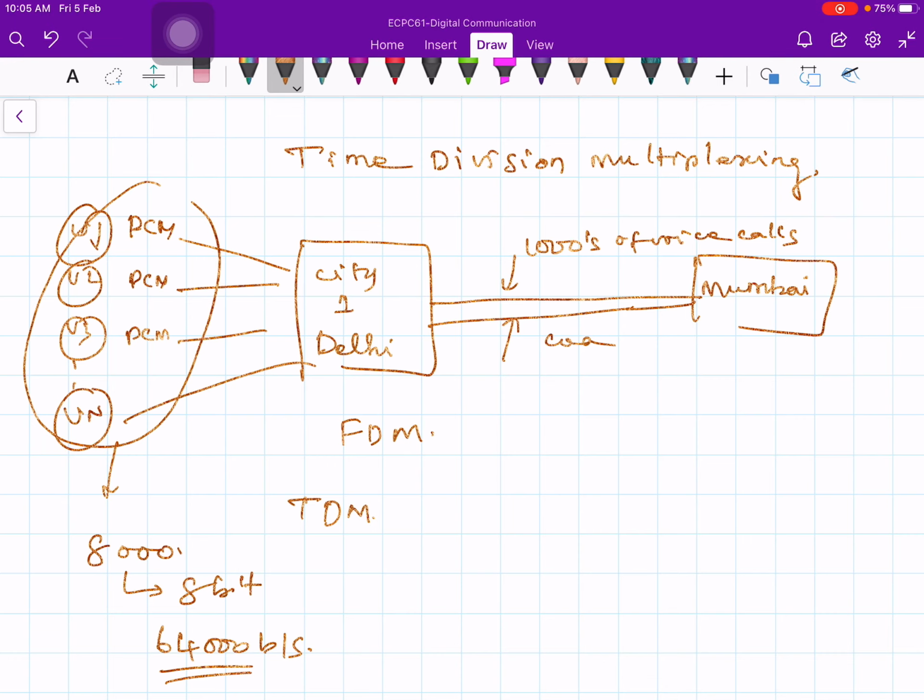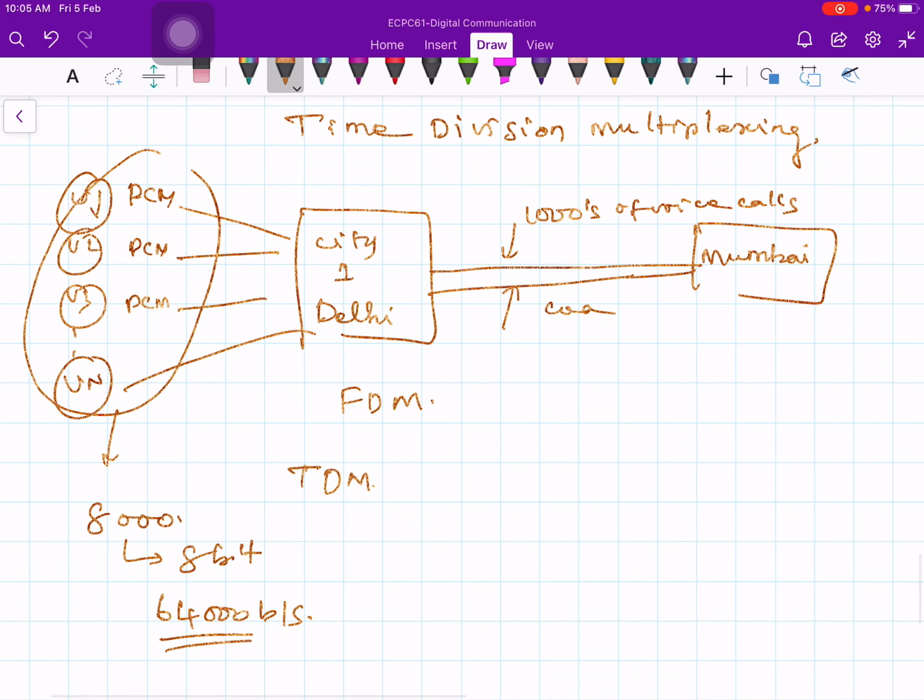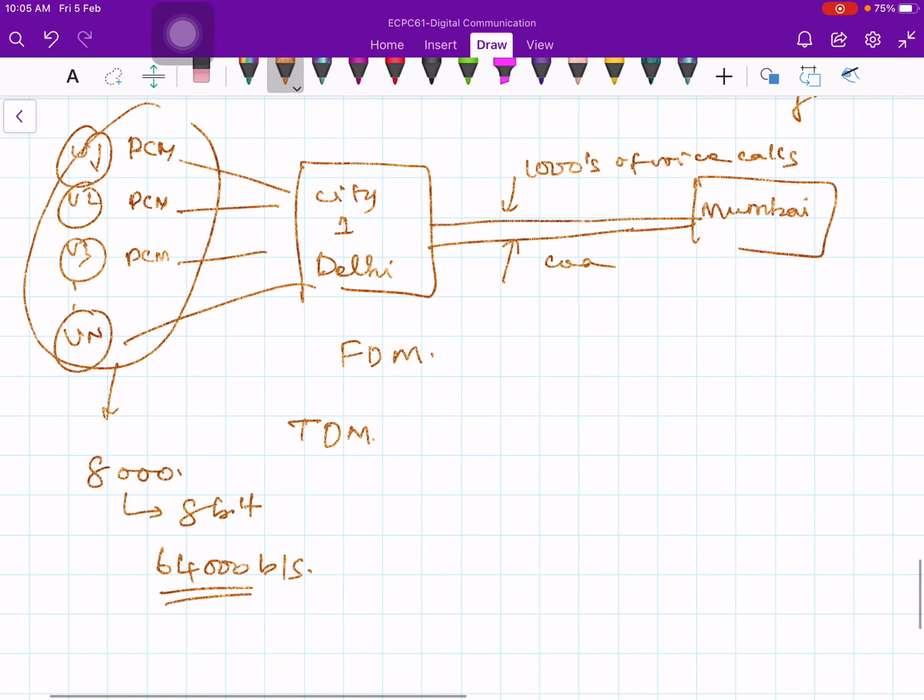So in that case, you can stuff in between other users' bits, club them together, and transmit. Therefore we may use the intermediate period for stuffing additional information from other voice channels. Over a certain duration you allot a slot for user 1, and let me divide the time like this. In this time slot, let's say 0 to t1, I can put user 1, and then user 2.